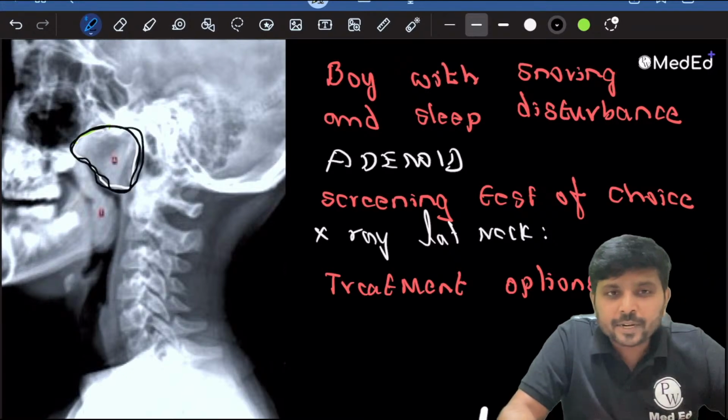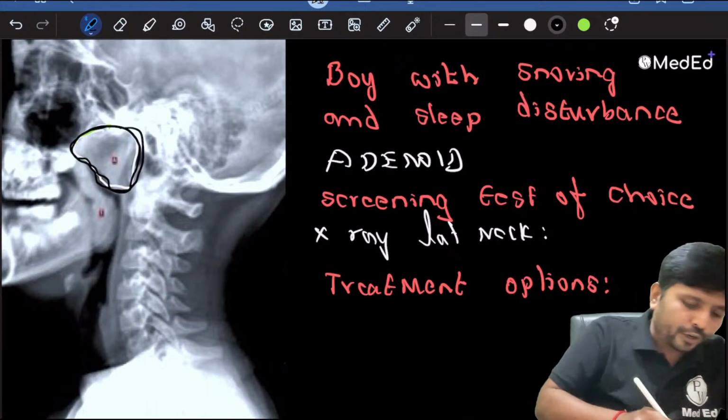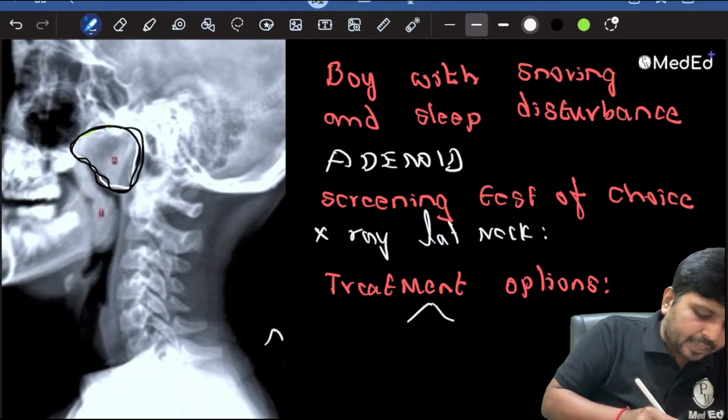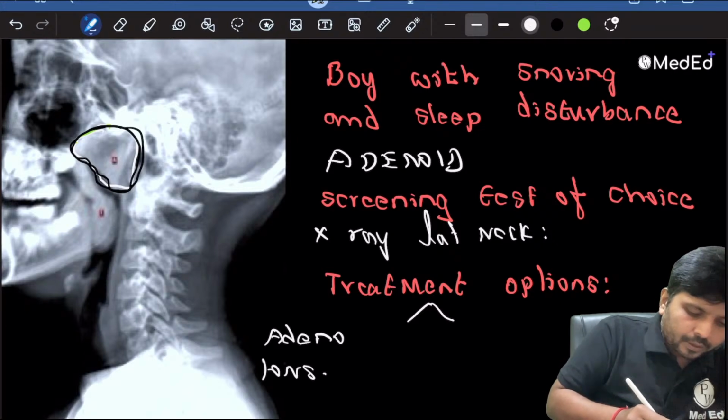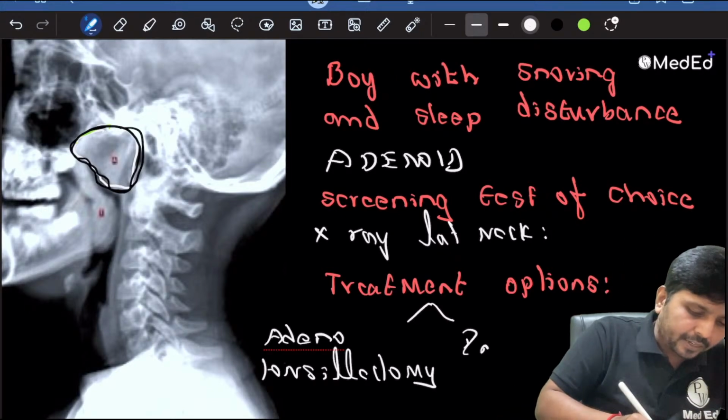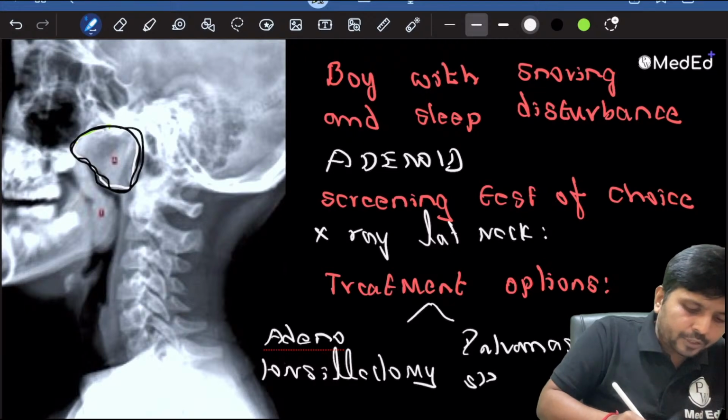So what is the treatment of choice for enlarged adenoid? Previously the treatment is adenotonsillectomy, but the present treatment is intranasal steroids.